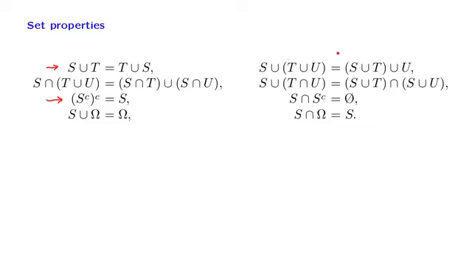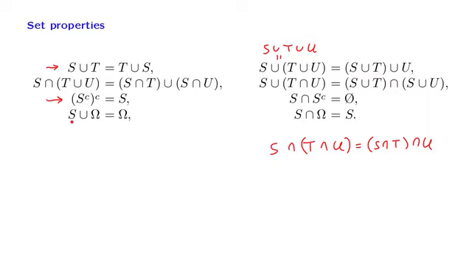Both expressions are equal. Because of this, we do not really need the parentheses, and we often write just this expression here, which is the same as this one. And the same would be true for intersections. That is, the intersection of three sets is the same no matter how you put parentheses around the different sets.